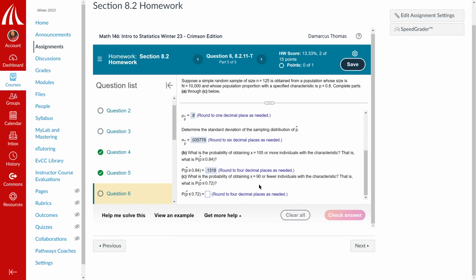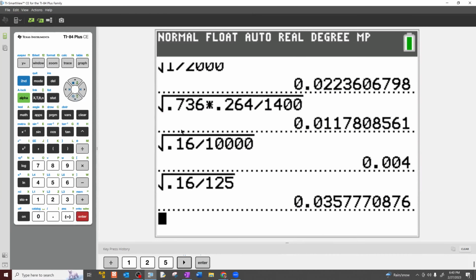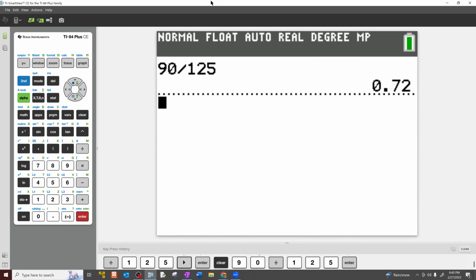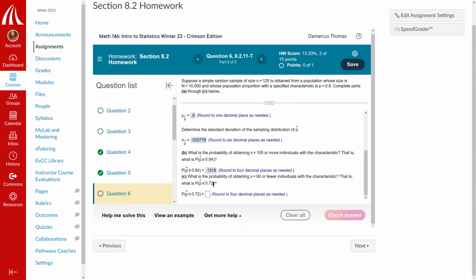And there's another one. What is the probability of obtaining 90 or fewer? Okay, and that's the proportion 0.72. And how do they get that? 90 over 125. Let's check that. 0.72, everything less.